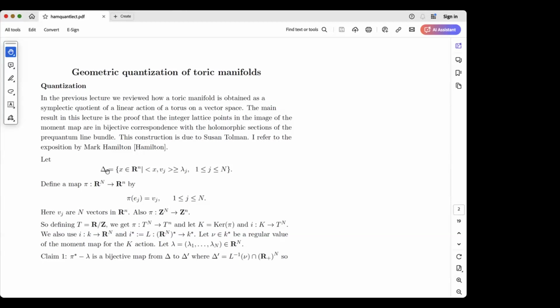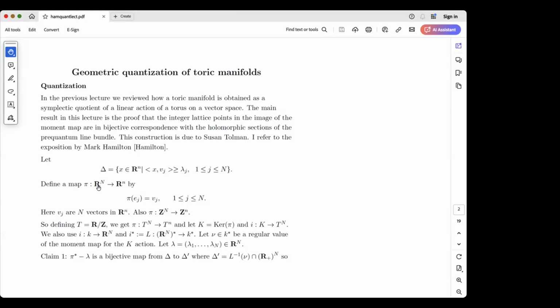So, as yesterday, I will use delta to describe the moment polytope, and I will describe it in terms of hyperplanes: points x in R^n where the inner product with a vector v_j is greater than or equal to lambda_j.